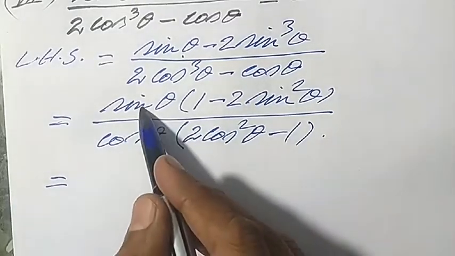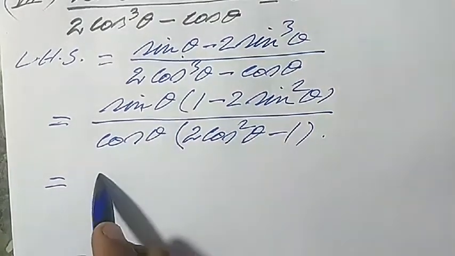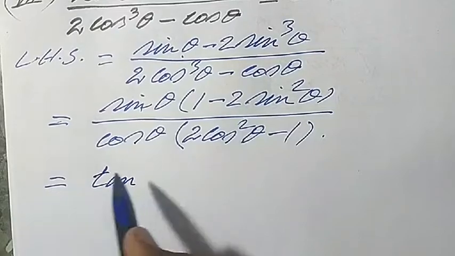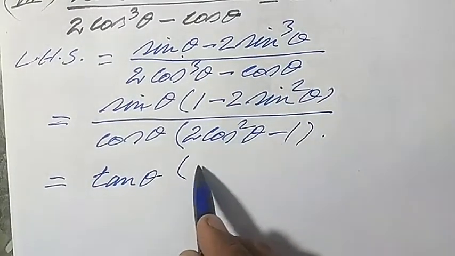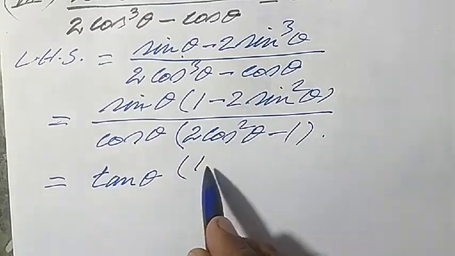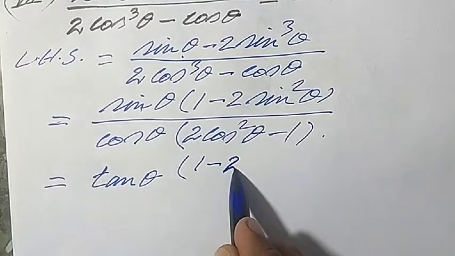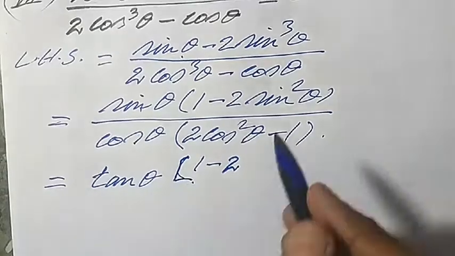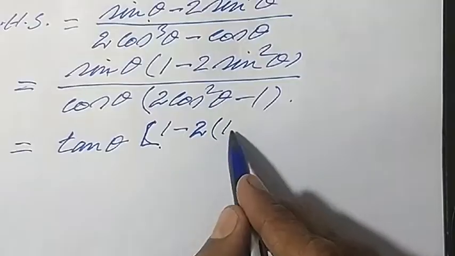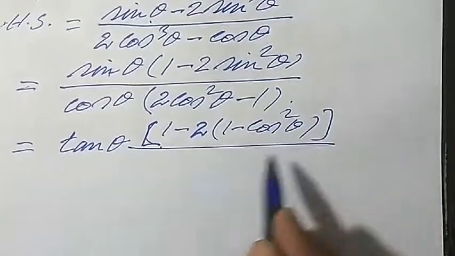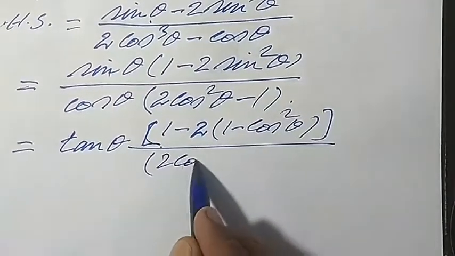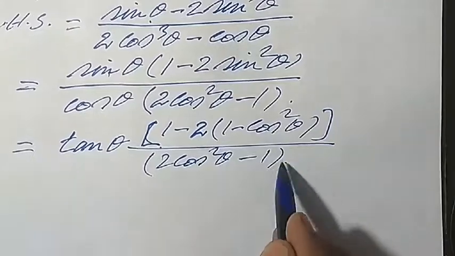Now as we know, sine theta upon cos theta becomes tan theta, so we may write it as tan theta, and in the numerator we have 1 minus 2, and we may write sine square theta as 1 minus cos square theta. In denominator 2 cos square theta minus 1.